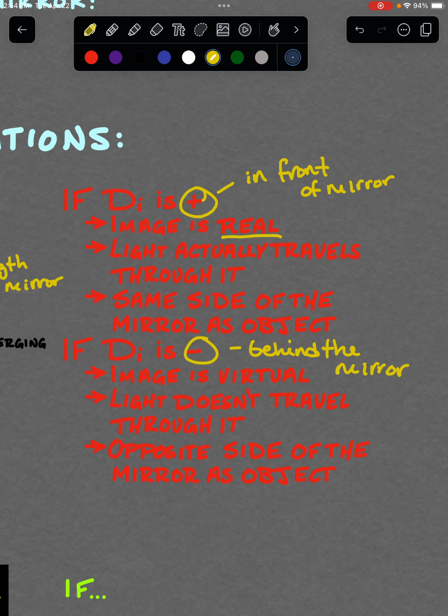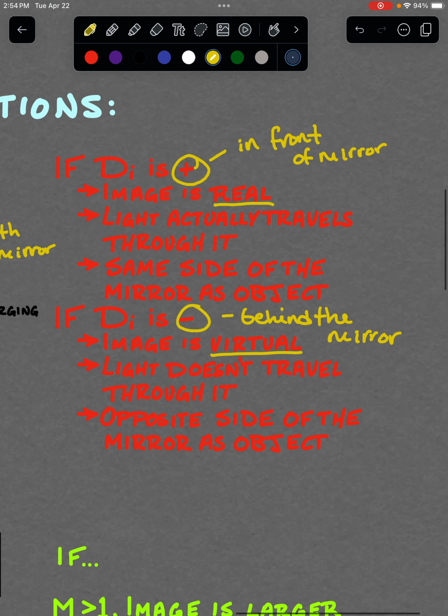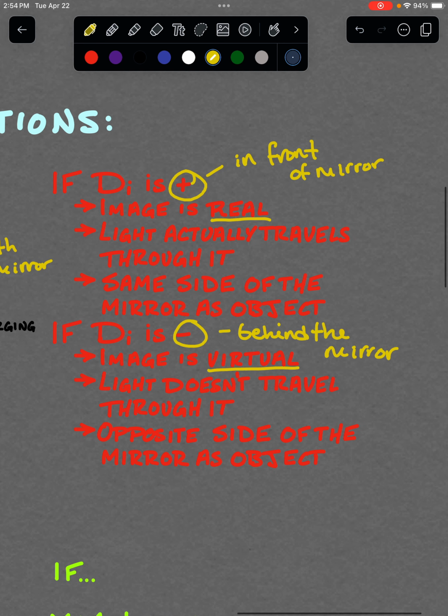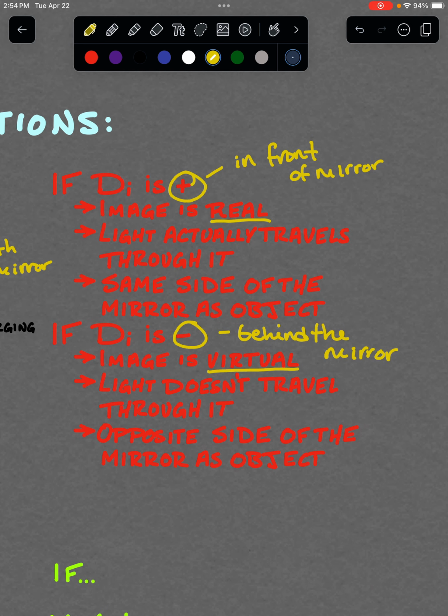So in that case, the image is going to be virtual. So light doesn't actually travel through it, and it's on the opposite side of the mirror as the object. All right, so you have to pay attention, because if you see that the image is virtual, you know that the image is behind the mirror, so you have to be the one to know that that has to be a negative di.